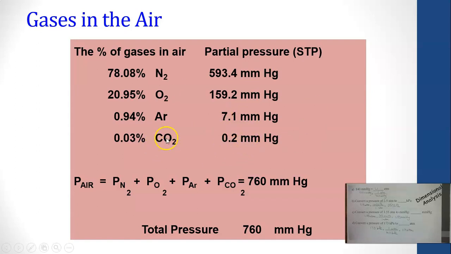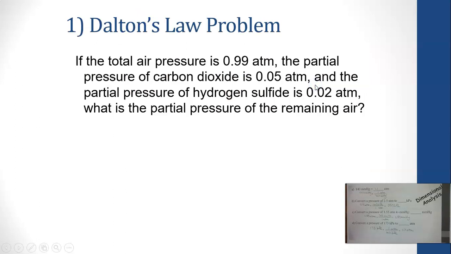To find out the total pressure in the atmosphere, you add up the partial pressures of each one of these, the nitrogen plus the oxygen plus the argon plus the CO2, and you get 760 millimeters of mercury. That's where we get that number. Okay, partial pressures of all the gases in our atmosphere.